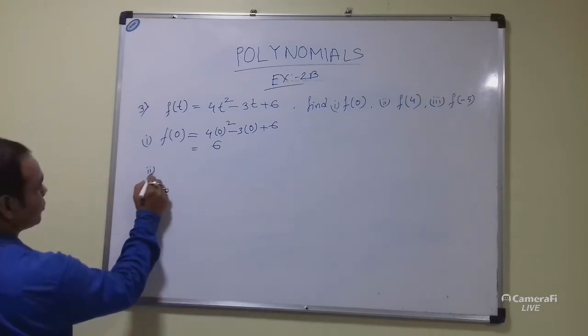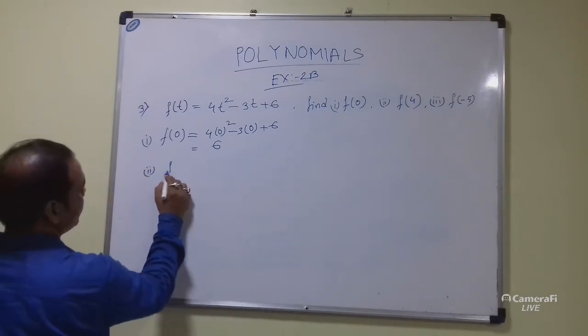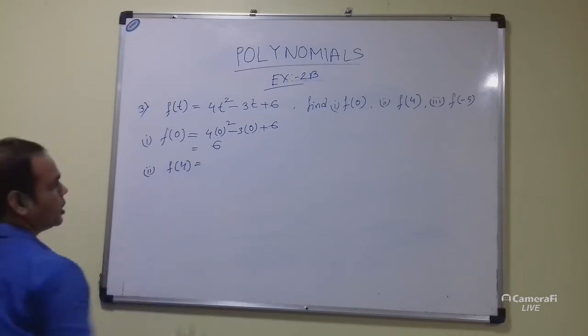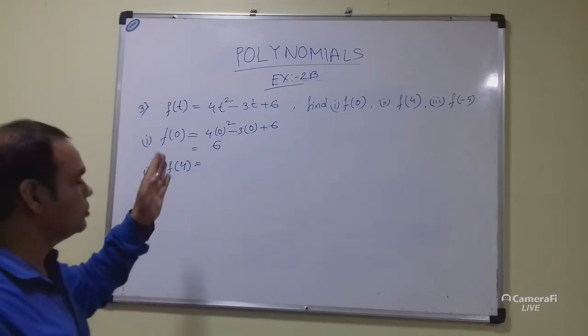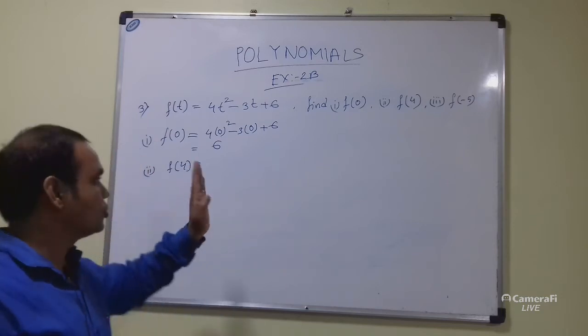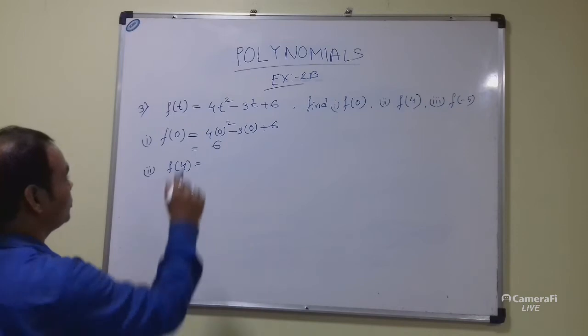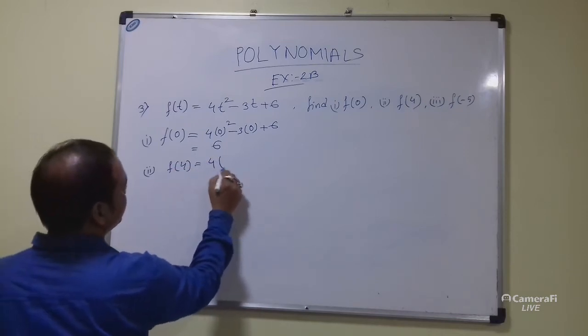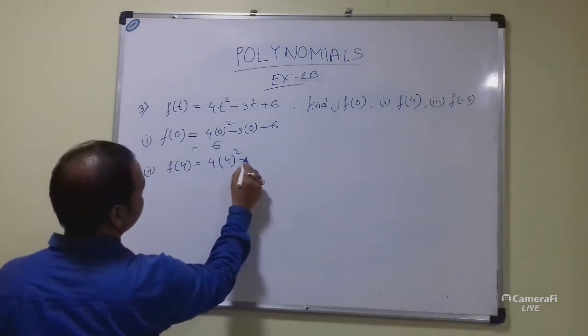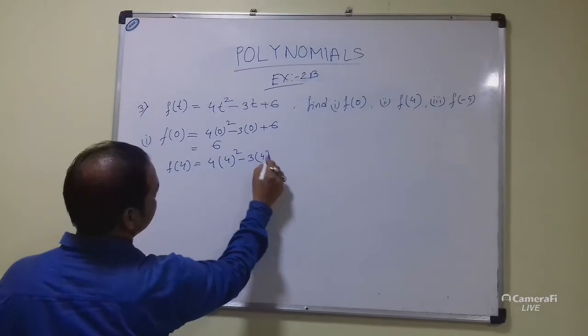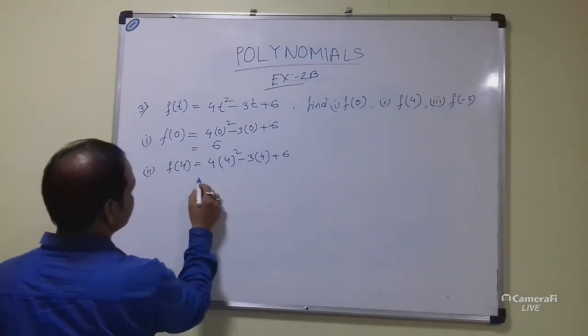Similarly, the second one is f of 4. Now we have to put the value of t as 4. So on the right hand side we replace t by 4: 4 into 4 square minus 3 into 4 plus 6.